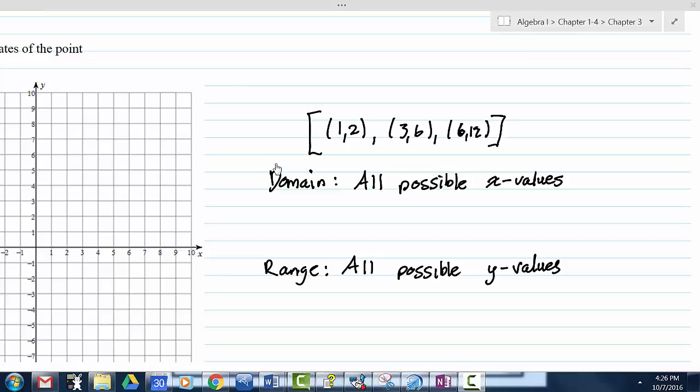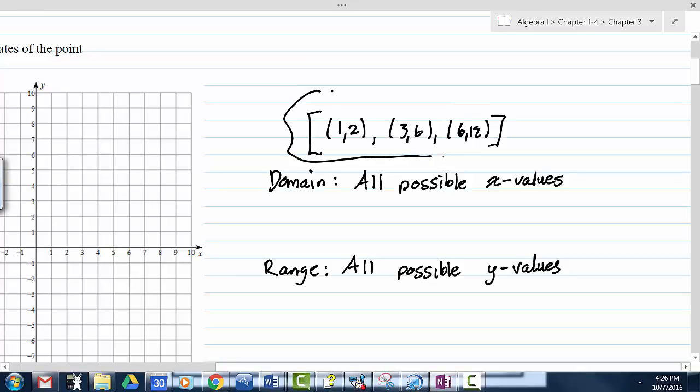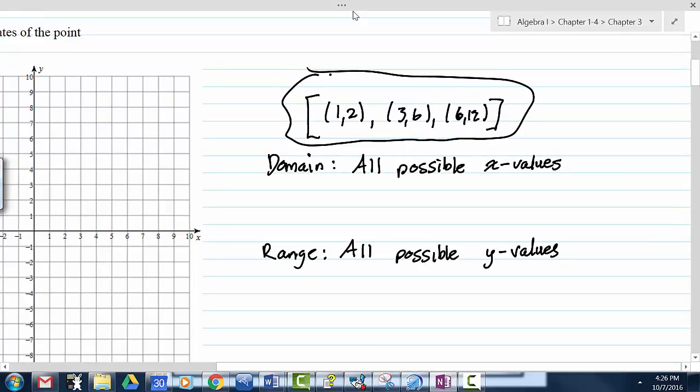In other words, all possible inputs. And the range is all possible y values or all possible outputs. So say, for example, this set of points right here is a function. Well, of course it's a function. Now, the domain of that would be 1, 3, and 6, right?